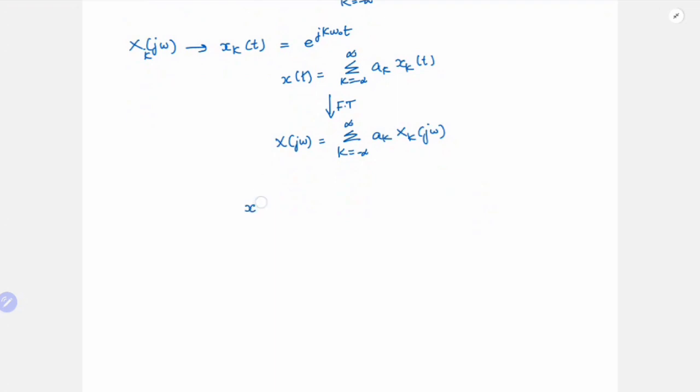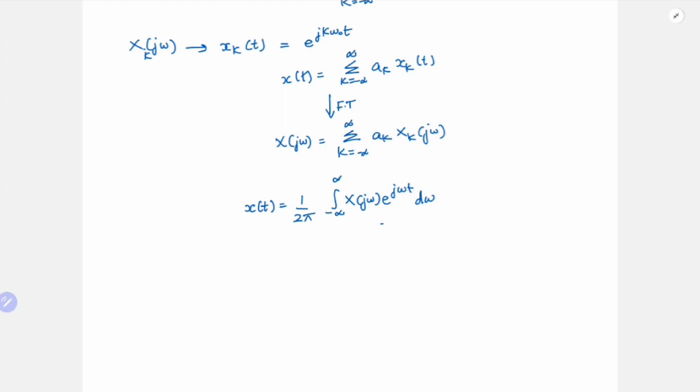To start with, I need to consider the inverse Fourier transform, which is 1/2π integral from minus infinity to infinity of X(jω) e^(jωt) dω. I want this to converge to something like e^(jkω₀t).